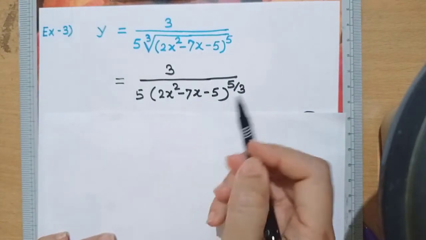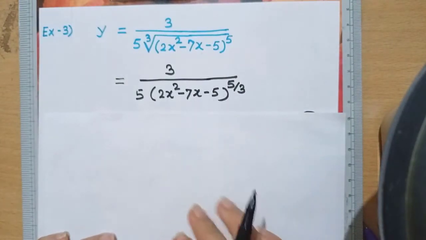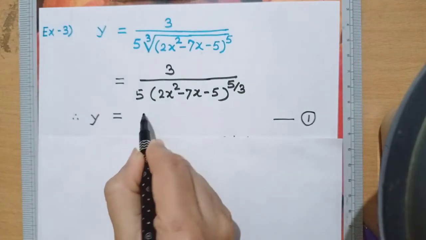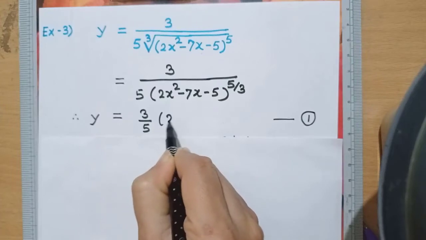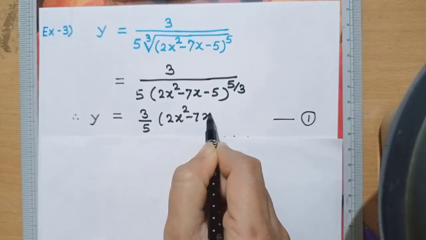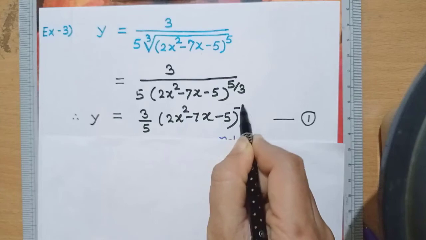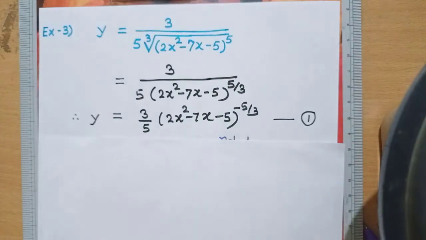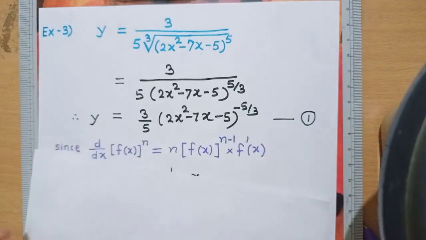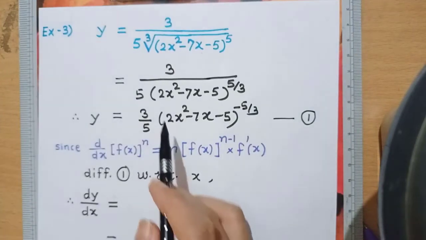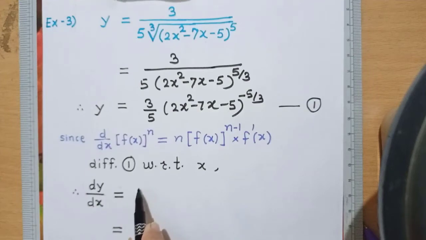Again we will move this bracket to the numerator, and so we have 3 upon 5 as a constant and 2x square minus 7x minus 5 raised to minus 5 by 3. Now this is in the form f(x) raised to n, so we will use this formula. So differentiating this, the constant we write down as it is.